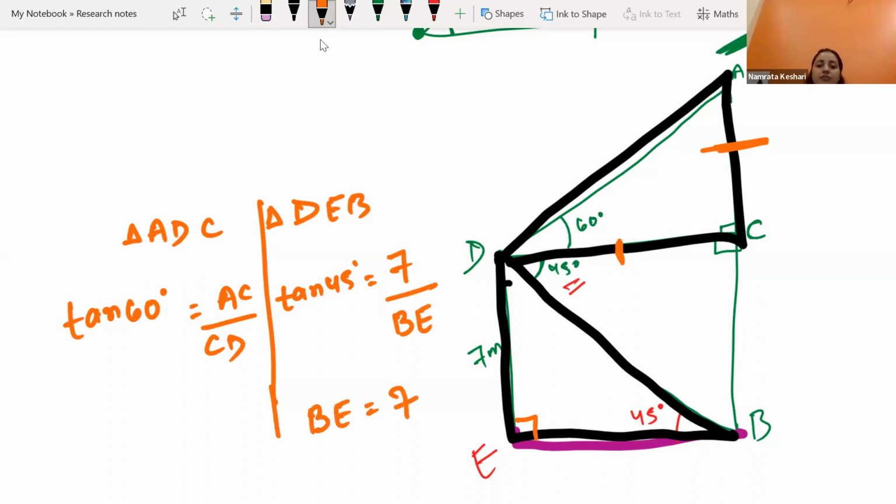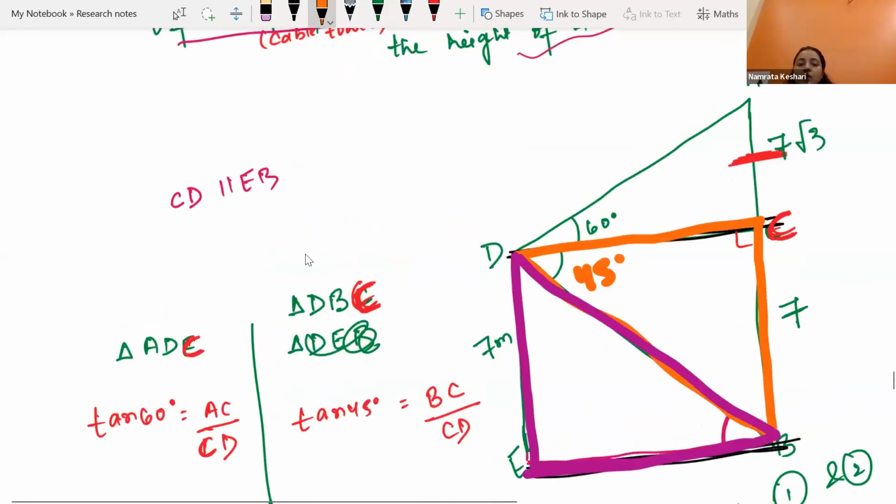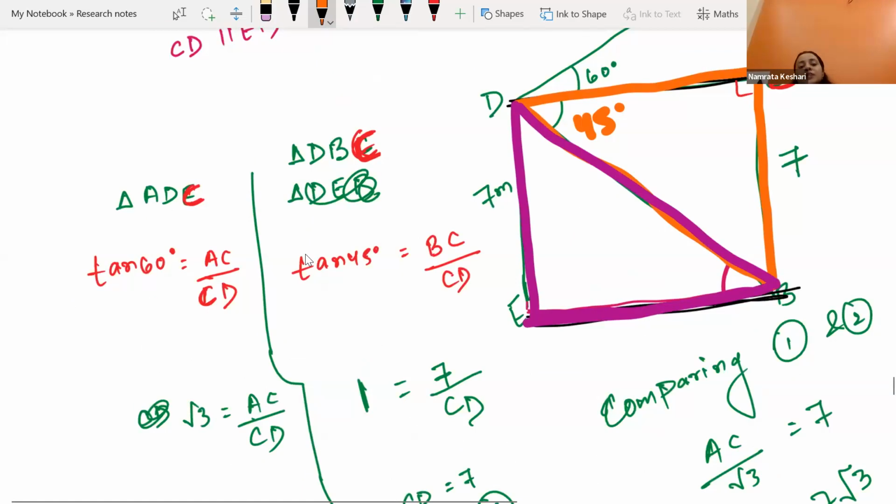We can use this BE value in the place of CD. These are just two different ways of doing the same thing. If the first method is easier for you, please do it that way.